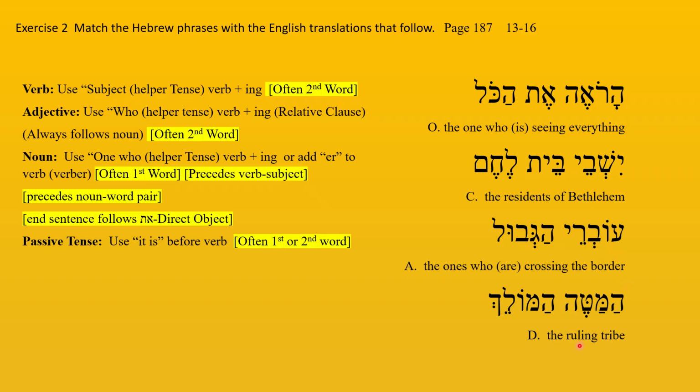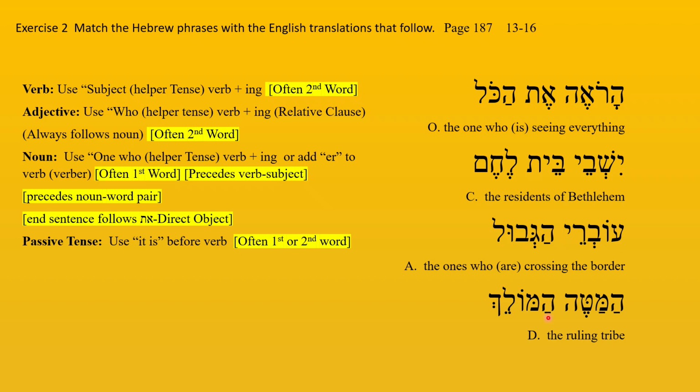Okay. Last one, ha-mate, ha-molech. So where's your participle? Right here, molech. It's in the second position, so it could be a verb because you have the tribe as probably the subject. But then you notice this, ha absolutely cannot be the verb.